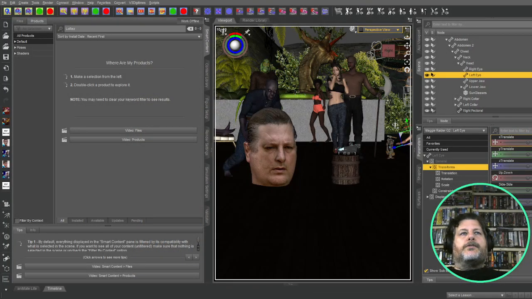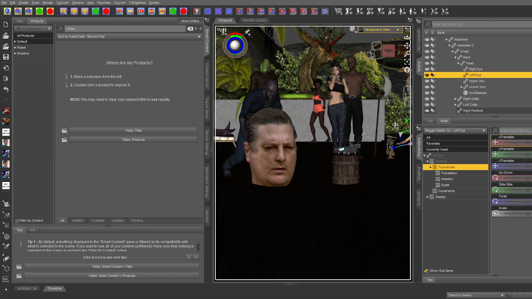So I'm going to turn this camera off. I've saved this, and I know it's going to be a big multi-figure work. One of the things I know I need to do is lighten the load, so to speak.